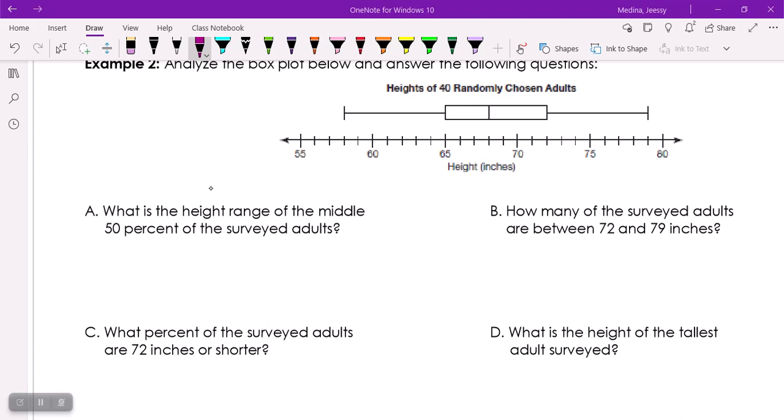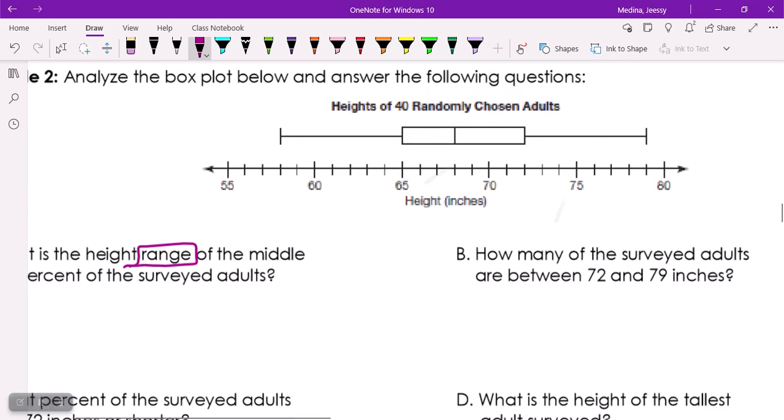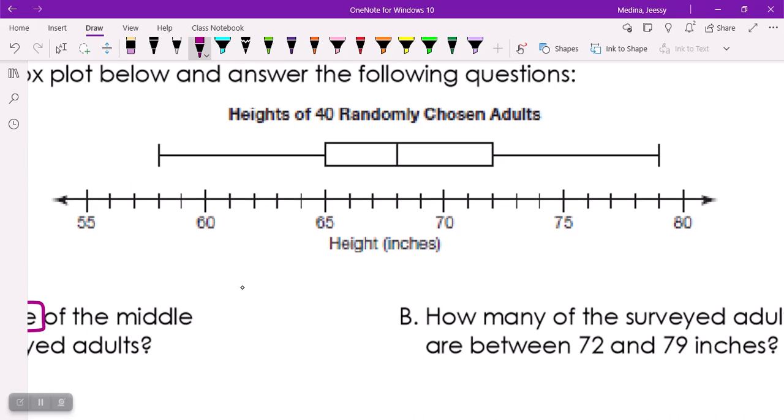Okay, so it says height range. Range means the difference between the two numbers. What is the height range of the middle 50% of the surveyed adults? Where is the middle 50%? From Q1 until Q3. What's the value of Q1 and Q3?